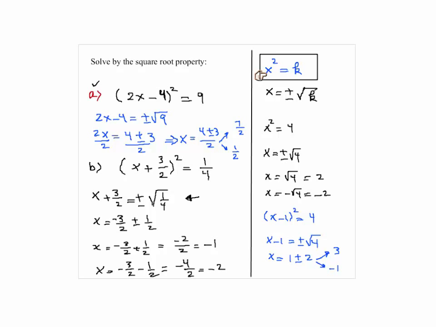If you have something squared, once again, let's say we have x squared is equal to, let's say, 5. Okay.